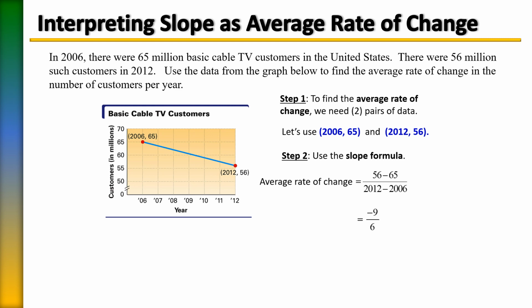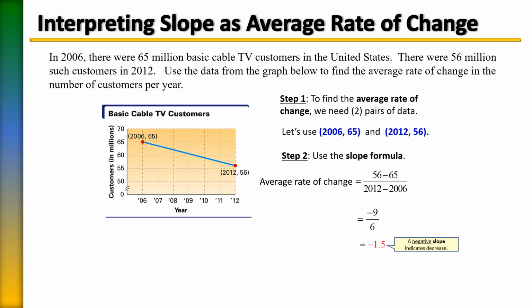So -9 divided by 6, or we'll approximate it rather. We know this is going to be a negative slope, because anytime you have a negative divided by a positive, it's going to equal negative. And in this case, it equals -1.5.